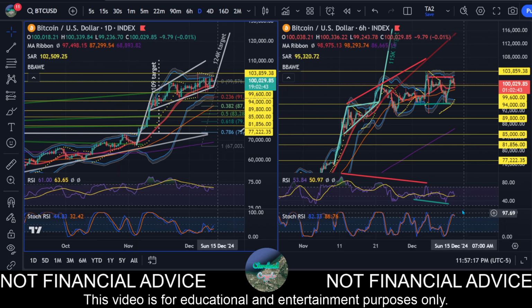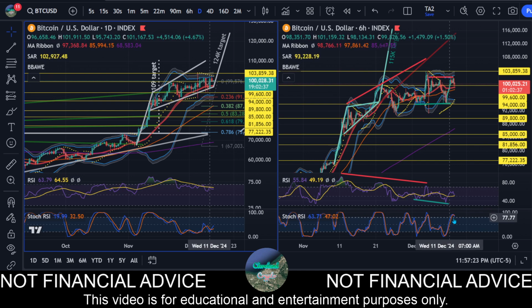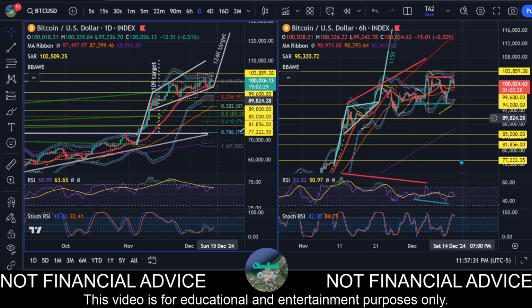Let's take a look at the 6-hour chart, first at the stochastic RSI, which is now in overbought territory and is curling over to start its oscillation back down. This could indicate that we are going to see the bears take control here, at the very least for the next several candles on the 6-hour chart.